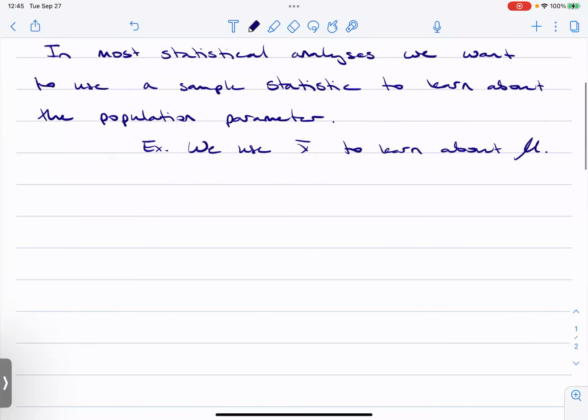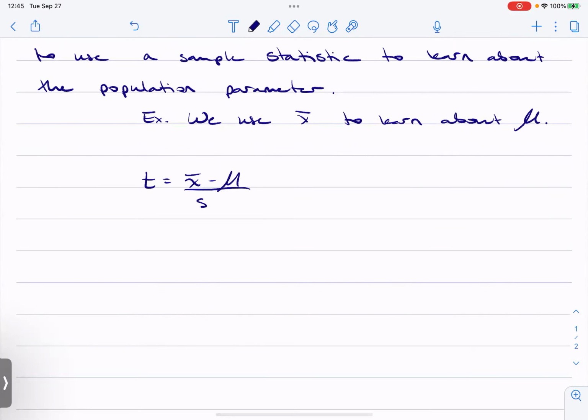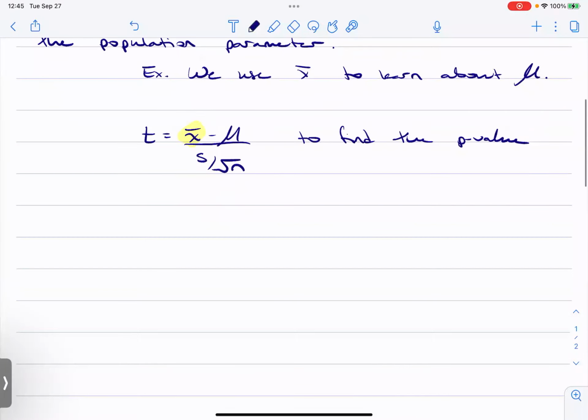And so t equals X bar minus mu over s over root n, for example. We use X bar to learn about mu, the hypothesized mu, to find the p-value, to draw a conclusion about the hypothesis.